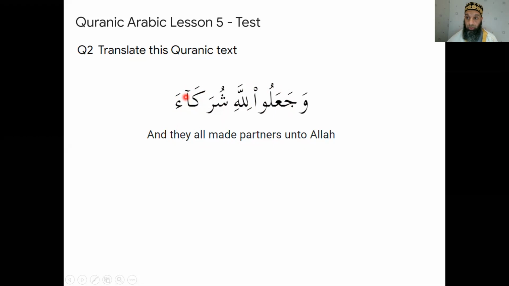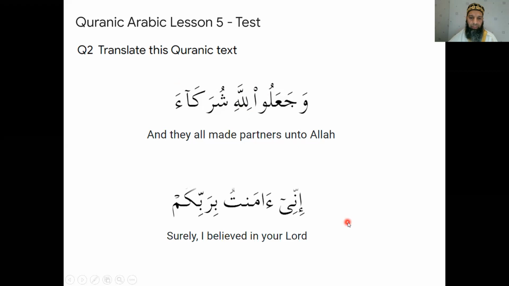Shirk is associating partners with Allah subhanahu wa ta'ala. And shuraka, as far as I know, is plural. One of those broken plurals. Yeah, so this li behaves like a majroorifier, like the sister is saying, like fi or ala.